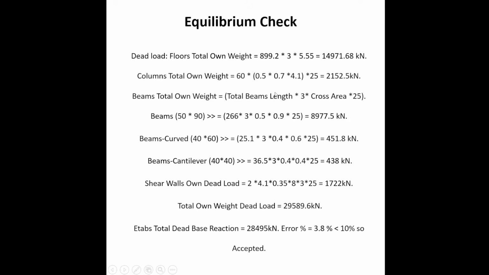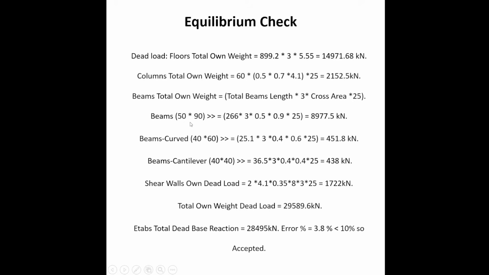For beams also, you can find the total weight by the total beam length. You need to compute them. So by 3, which is 3 floors, and the cross-sectional area for the beams by 21, which is the unit weight of reinforced concrete. So you need to do this for all beams.